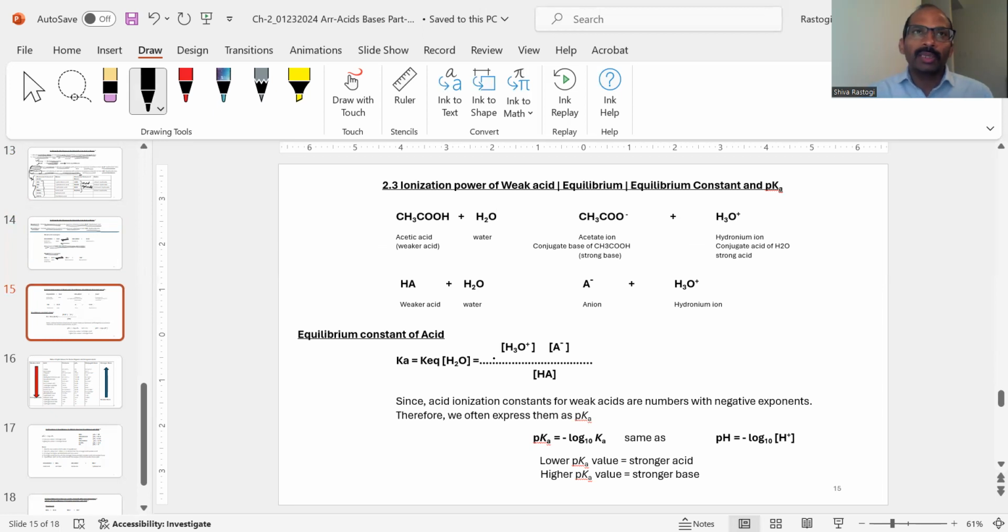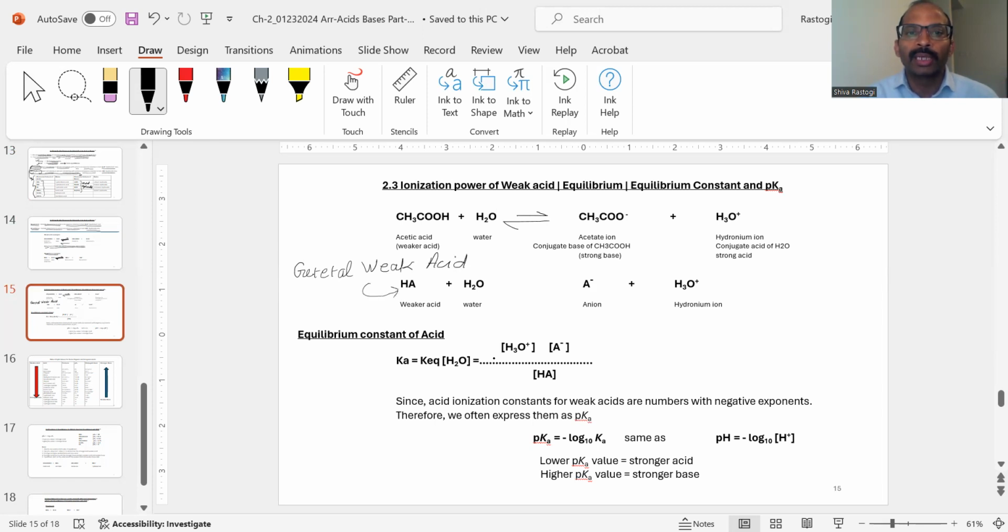Based on the ionization, we have a list of strong and weak acids. So how do we determine this? For example, we have seen that acetic acid is a weak acid. We can make a general reaction for a general weak acid in water.